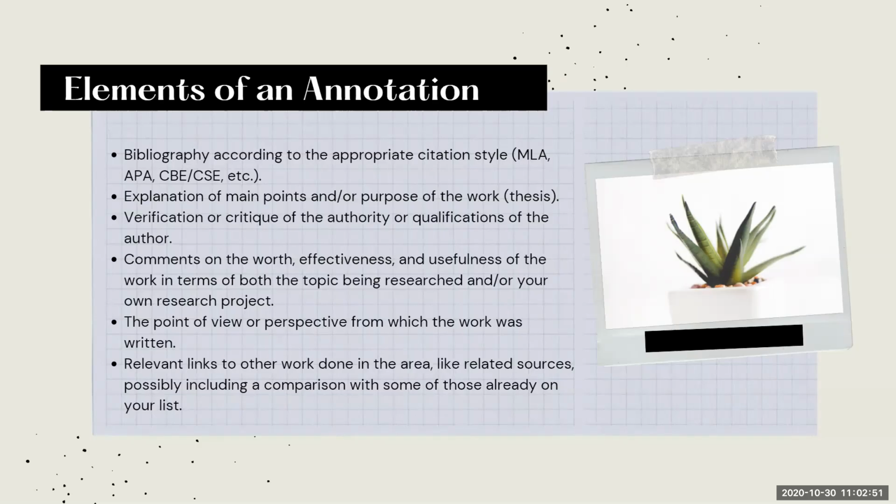If you're writing an English paper, for example, you will most likely be using MLA formatting. If you're writing a sociology paper, you'll most likely be using APA. If you're writing a paper for a bio class or a medical class, you would probably be using CBE or CSE.